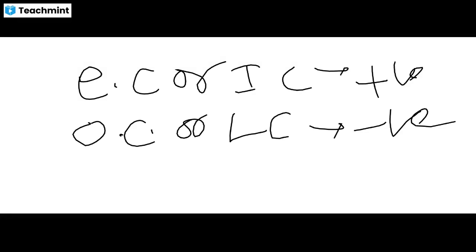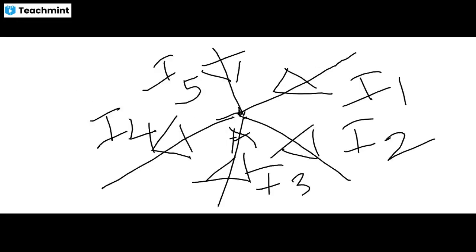Now if we apply Kirchhoff's current law at node A, I1 is the current entering towards the node, so start with I1. I1 is entering, so plus I1, minus I2, plus I3, minus I4, and plus I5. Is it clear?